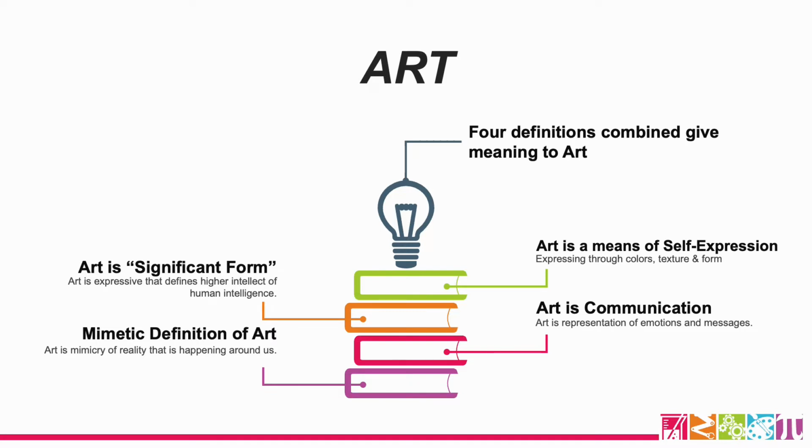This describes that whenever line and color are combined in a particular way, certain relations are formed that stir our aesthetic emotions, for example, in surrealism. The fourth and final definition is self-expression, expressing inner thought through texture, color, space, form, and line.